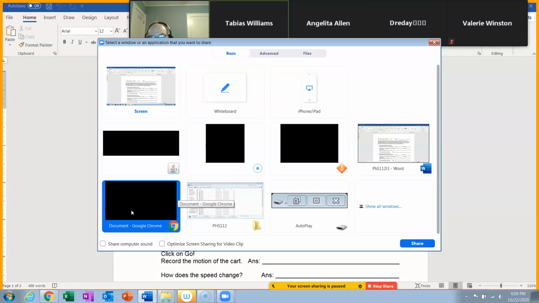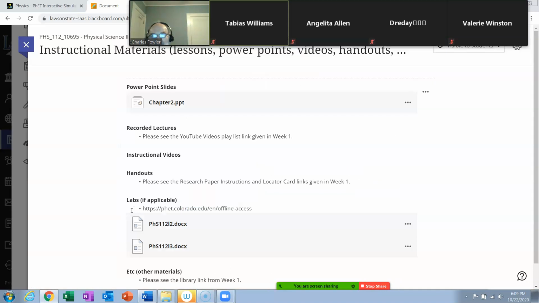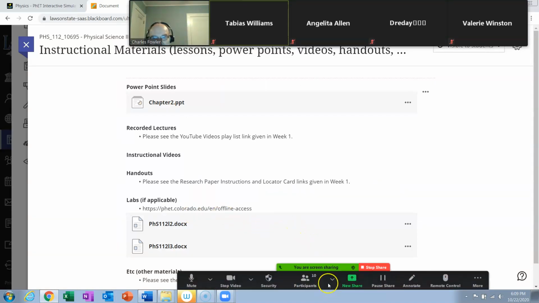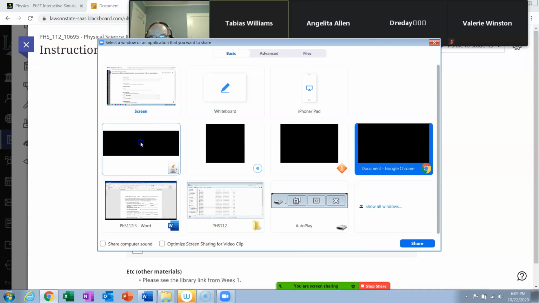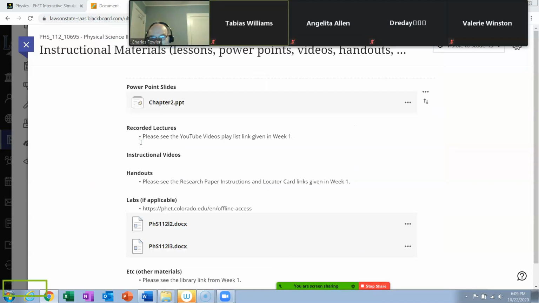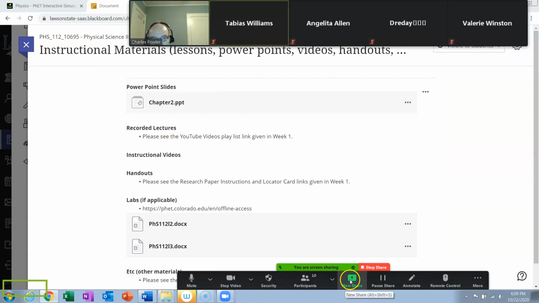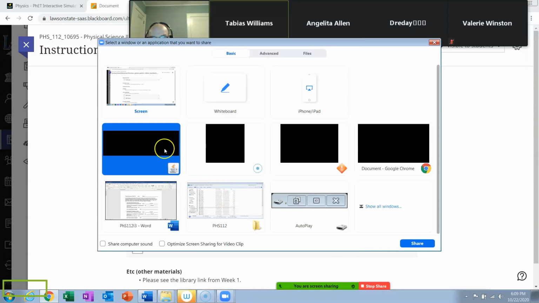So let's go back to the document in Google Chrome. Nope, that's not the right one. I need the FET. It may be this one. Let's see if it's this one. No. Well, it's lost it now.